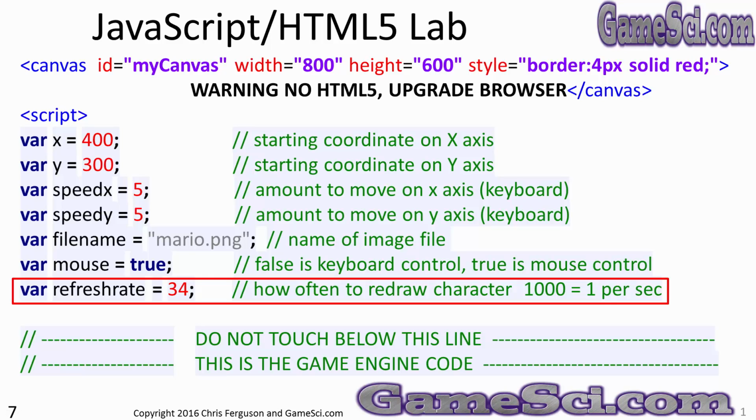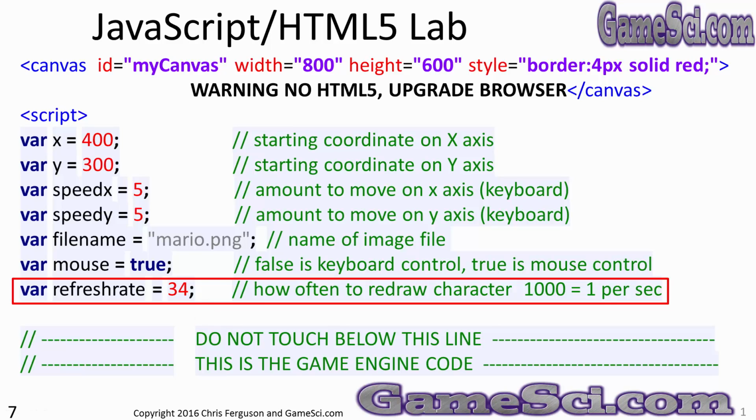Now obviously that's pretty clunky for a real video game, but while you're playing with this code, try different values and see how it affects how often the character gets redrawn on the screen. To be honest with you, about the smallest you want to go on this value is 17. 17 mathematically works out to about 60 times a second.